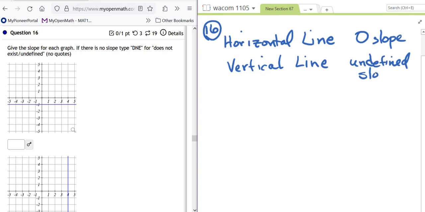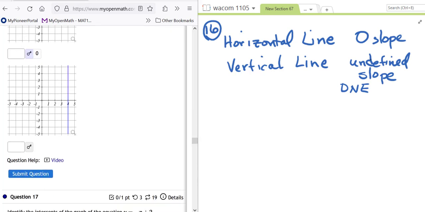If you tried to count 2 points on it, you get a 0 in the denominator, and 0 in the denominator is never allowed. So you want to say undefined, and they will use DNE, does not exist. That's what they will use for undefined. Right, so your first one is horizontal. This will be a 0 slope. Vertical will be undefined, so you're going to say DNE, and you just type those letters on your keyboard.